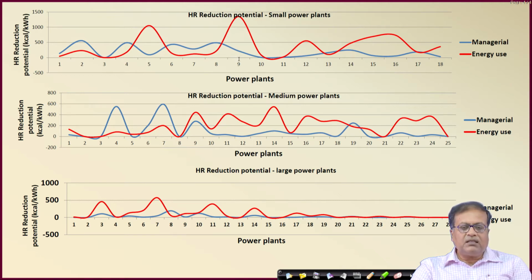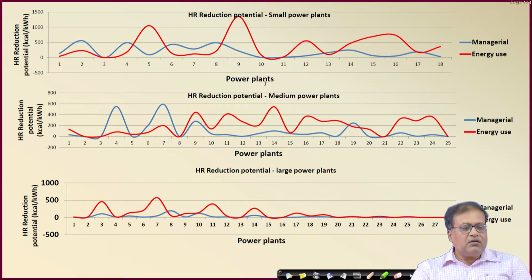But compare this, let us say unit 9. Unit 9 has got tremendous energy use reduction potential, heat rate reduction potential with regard to energy use. That means it is using energy very inefficiently. Is it all right? So, that is what DEA does. DEA really identifies all the different units, their relative position, and individual units can be given targets.